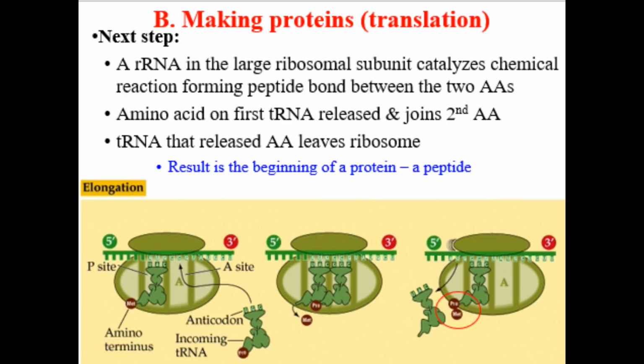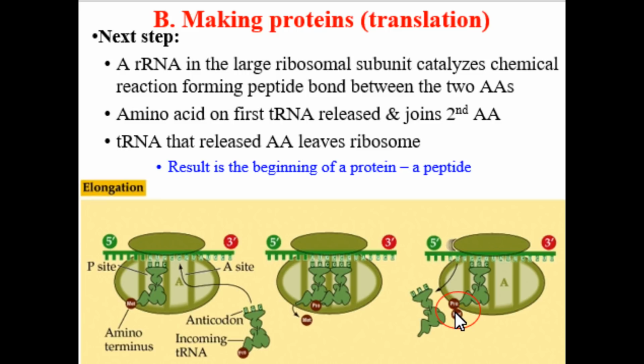All right, well, let's go one step further. Then you had this first transfer RNA bringing in the first amino acid, methionine, right there, based on the codon and the anticodon matching up. Complementary bases, not the same bases, but complementary. And you've got proline coming in. This anticodon is going to match up with that codon, and now you've got methionine first, proline second.